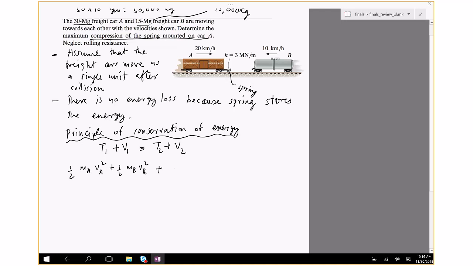We'll assume that the spring is not compressed or stretched initially, so the energy stored due to the spring is 0.